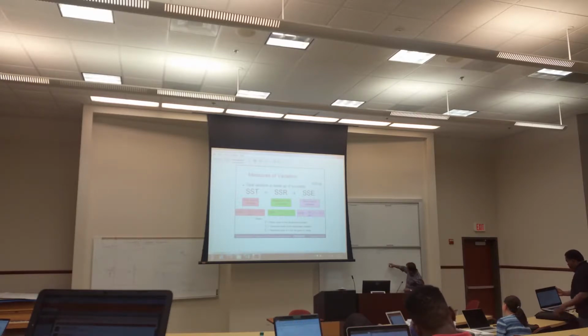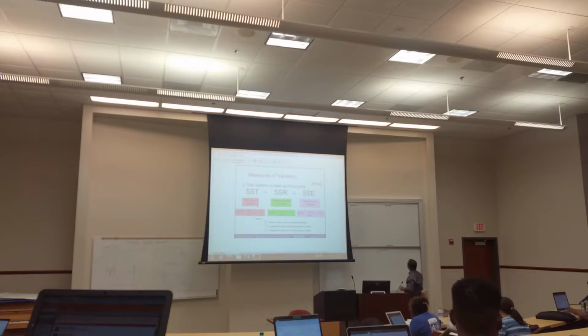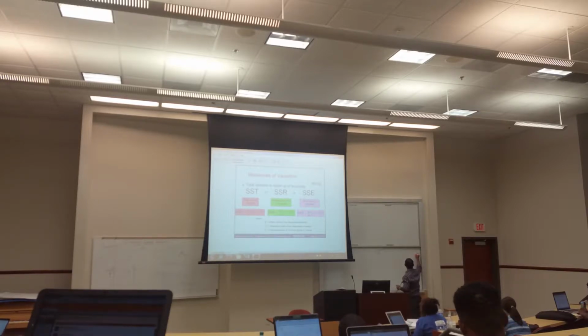I have all these actual sample values, and then I have the predictions, which is the best line of fit, like so. So this is what we have gained: a predicted y hat, which is beta 0 plus predicted beta 1 times different x's.